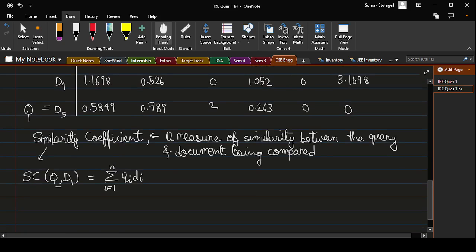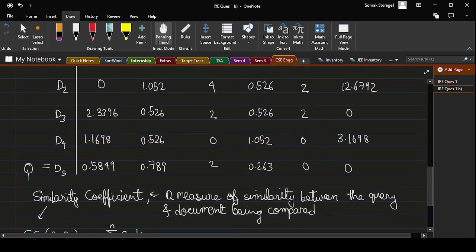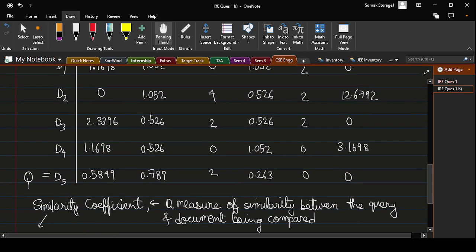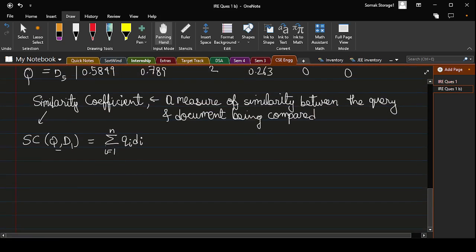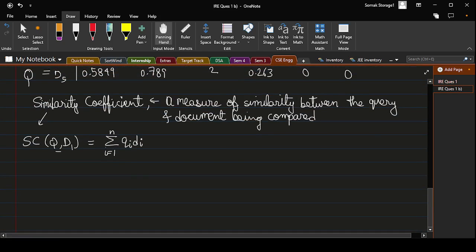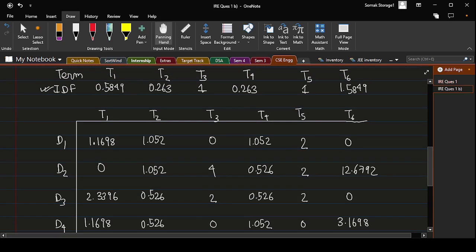Now what is this Q and D? If we see, the Q means this value particularly. This value is the Q1, Q2, Q3, Q4, Q5 and Q6, and for each term we have a D. Like for suppose for D1 we have D1, D2, D3, D4, D5 and D6.